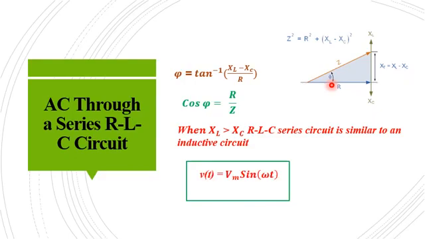So, if the supply voltage v of t is given as Vm sin omega t, then the current through the circuit i of t is given as Im sin (omega t minus phi). Since current is lagging, we have a minus sign, and since the current is lagging by an angle phi, we write phi over here. So this is the first case, that is when XL is greater than XC.